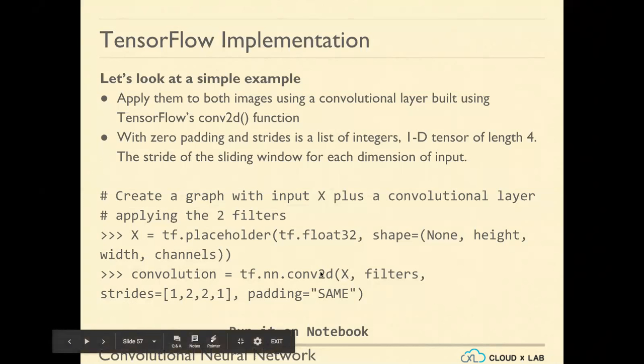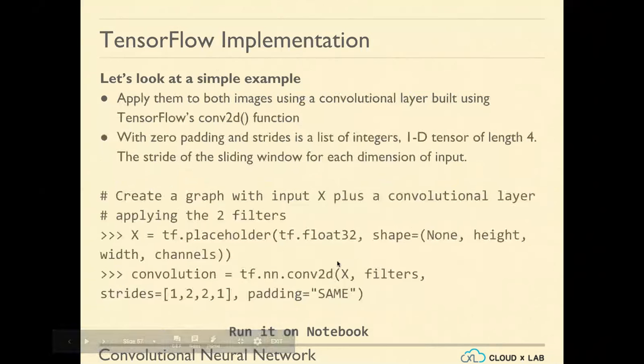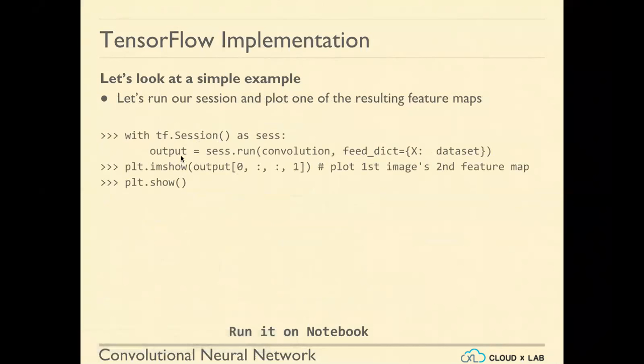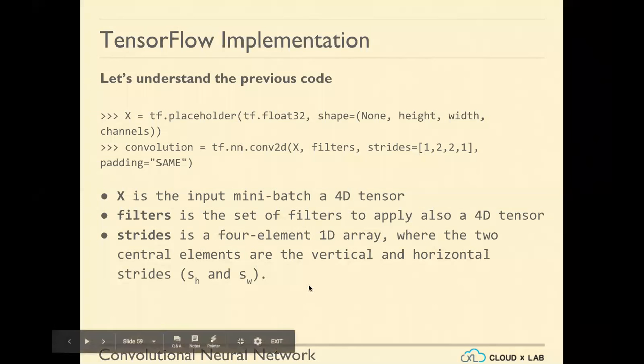All right, we'll talk about this type of padding. So once we do that, we run it, and then after running, we get the output. Here the stride is a 4-element 1D array, where the two central elements are the vertical and horizontal stride.